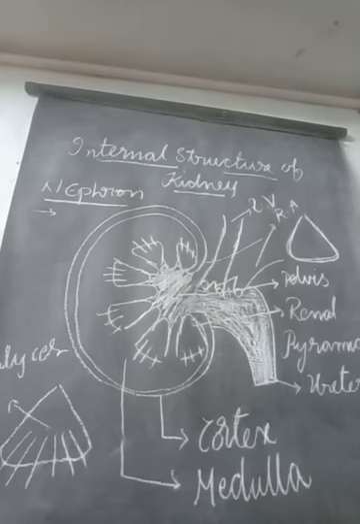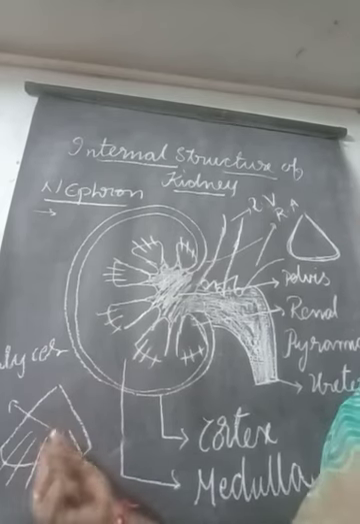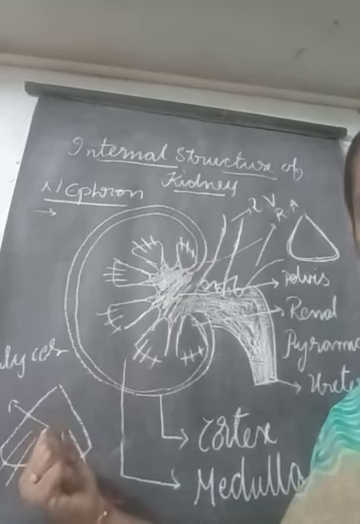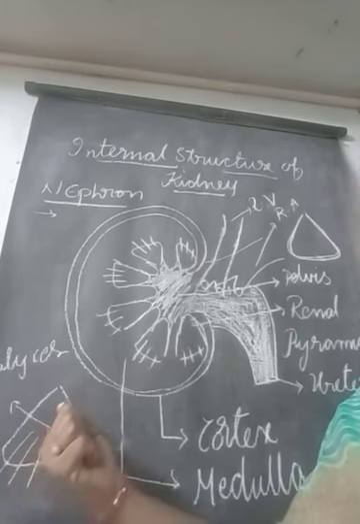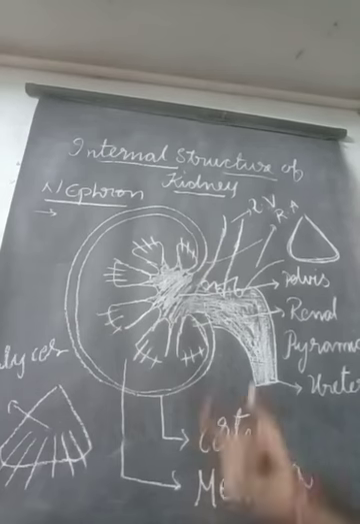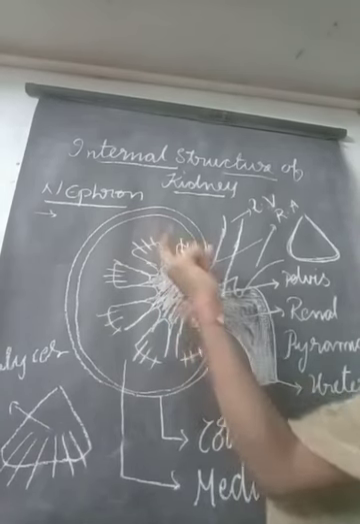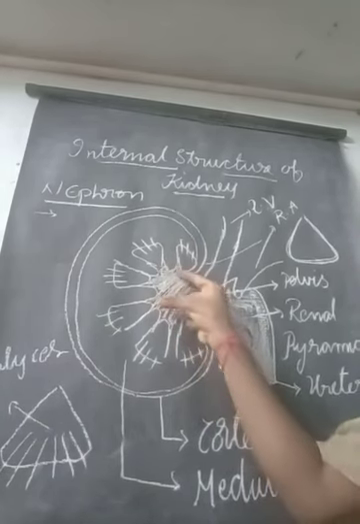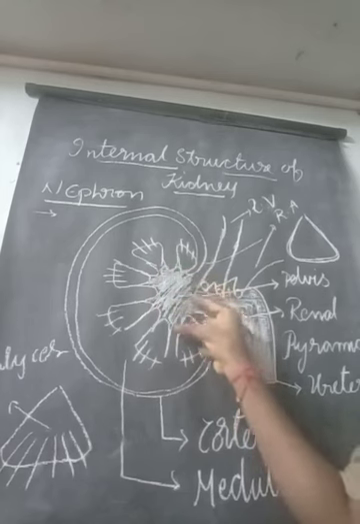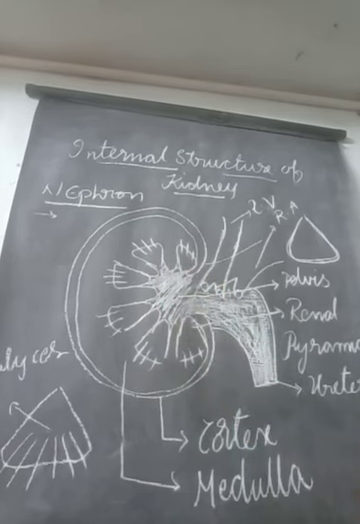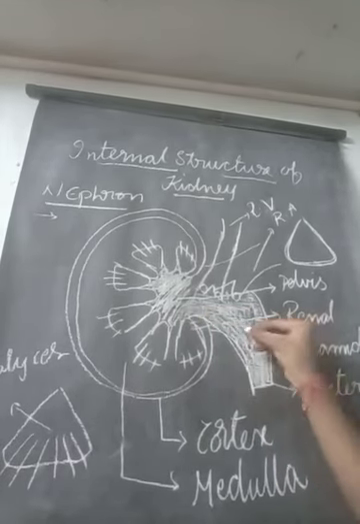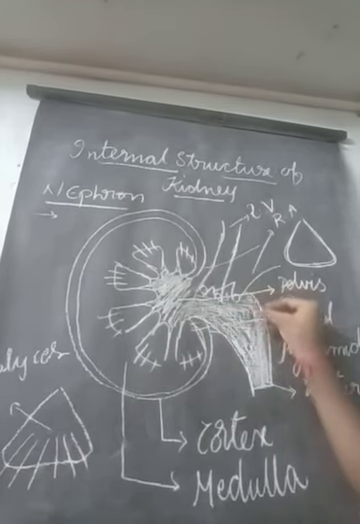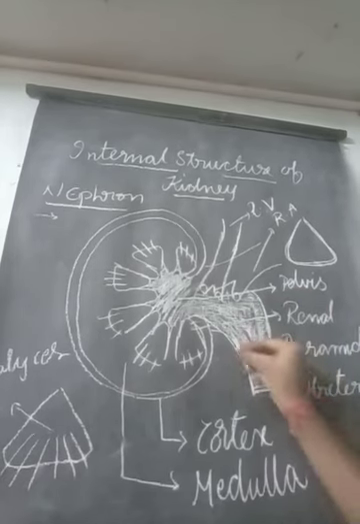Is it clear? All the nephrons open into a middle portion called calyces. All the renal pyramids open into a middle portion called pelvis. Pelvis is the place where the origin of the ureter takes place.